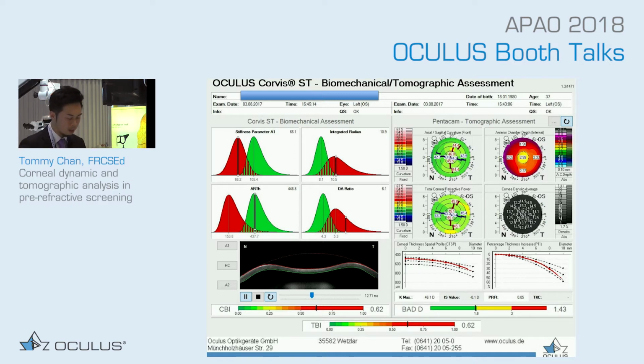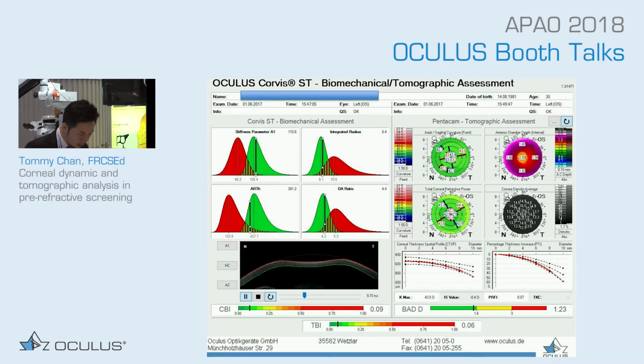So in this case, I advised the patient to monitor it for 3 months, and then I would repeat the examination. But unfortunately, this patient also got a high TBI at that time, so I asked the patient not to have refractive surgery. And actually, she is very grateful to me, because she believes that if she had the surgery, ectasia may have developed later on.